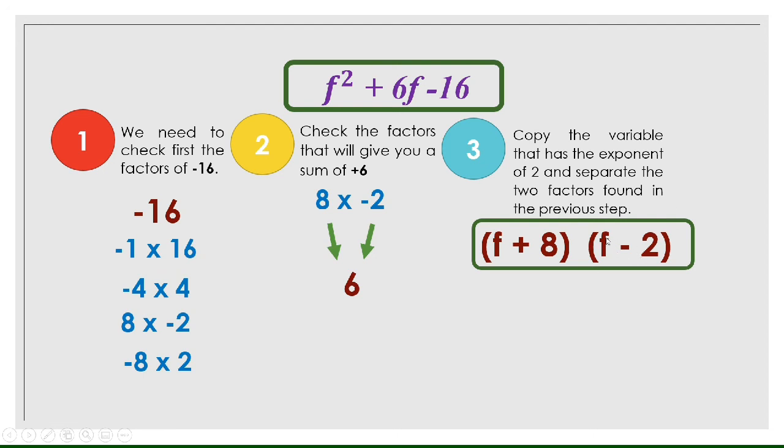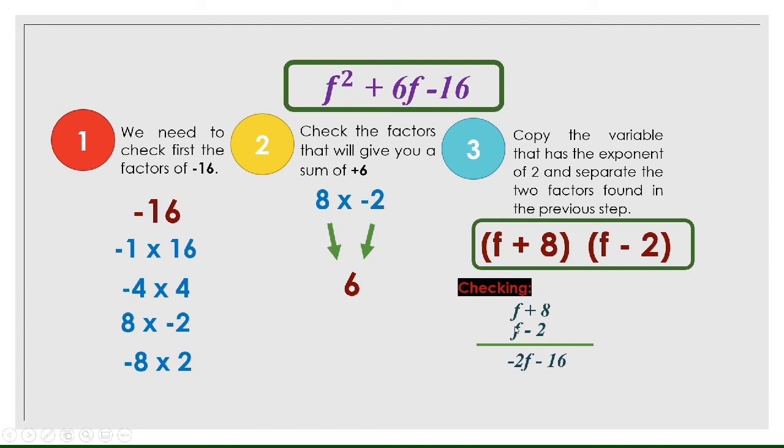So how are we going to check if our answers are correct? We multiply it. So F plus 8 multiplied by F minus 2. So 8 times negative 2 is equal to negative 16, and F times negative 2 is equal to negative 2F.